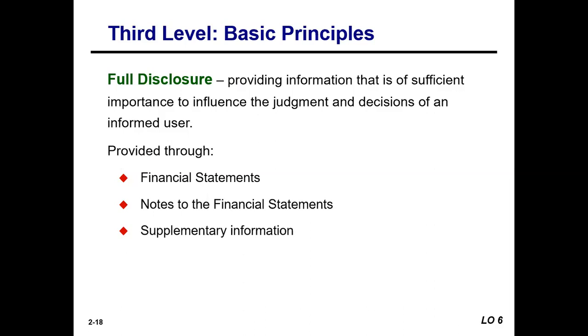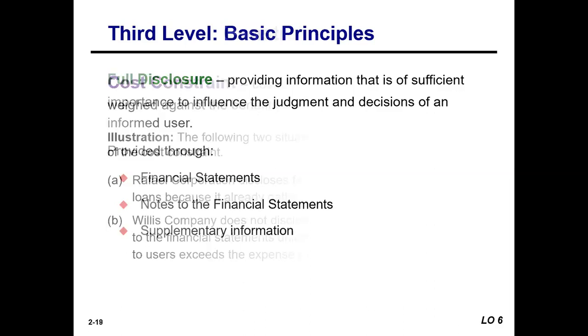Another example of something that has to be disclosed is when there's a change in inventory valuation method, or a change from, for example, using the historical cost measurement principle to the fair value measurement principle. Those different things have to be disclosed in the financial statements.